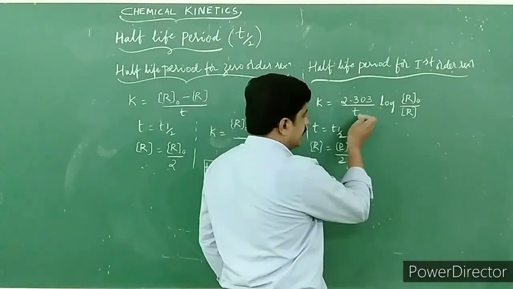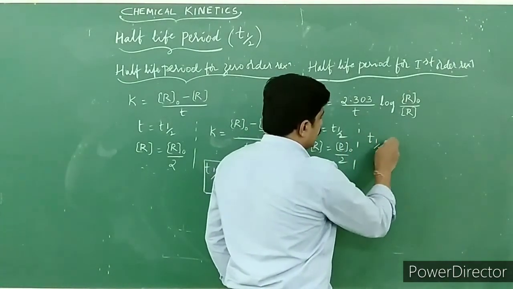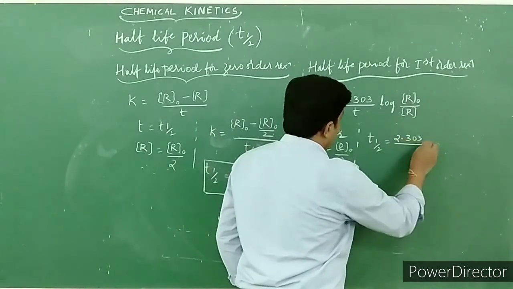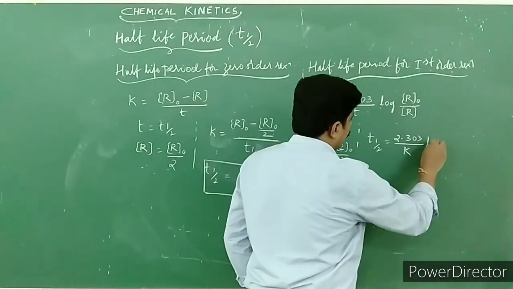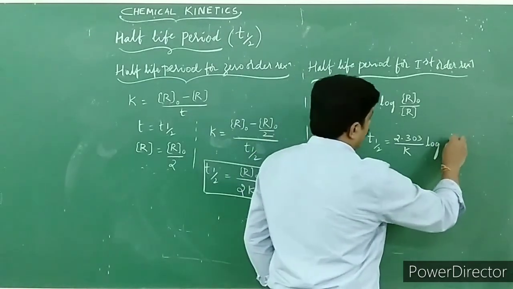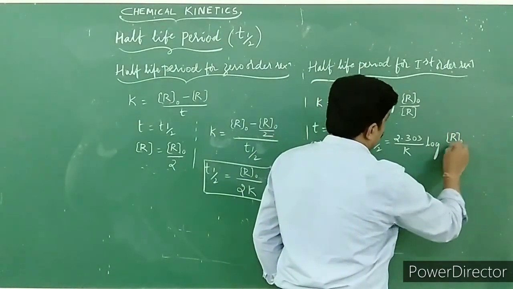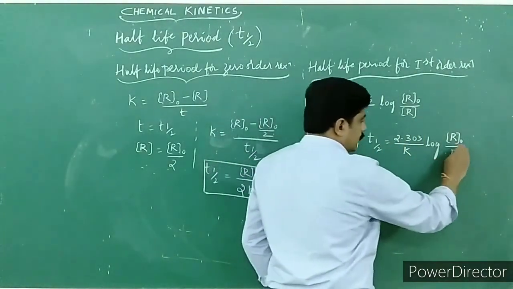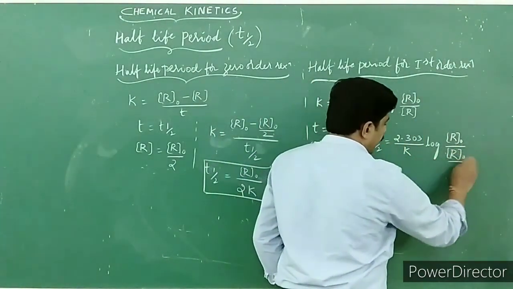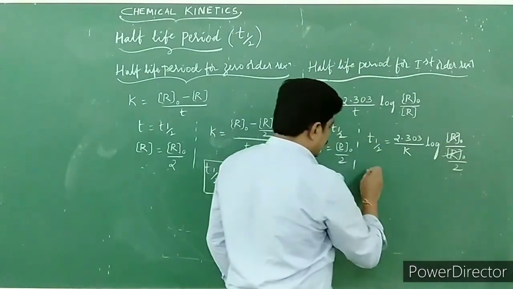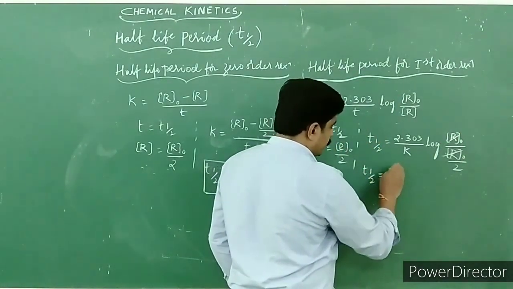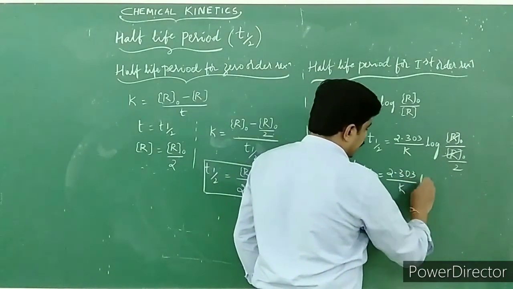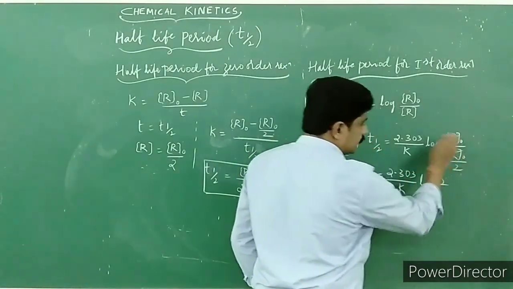Now let me substitute. Children, look at here. I'll take this, t half is equal to 2.303 upon k into log of R naught upon, this will be substituted as R naught by 2. Now this will get cancelled. Now what do I get? t half is equal to 2.303 upon k into log 2.